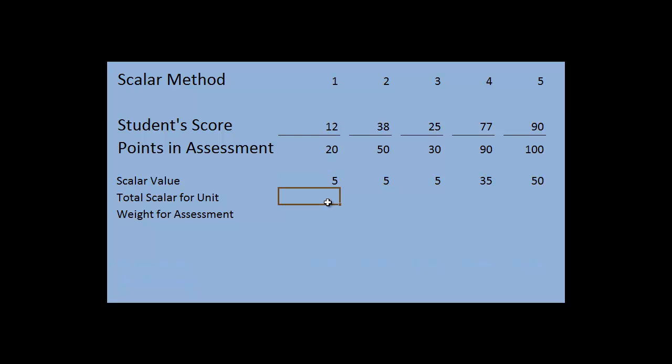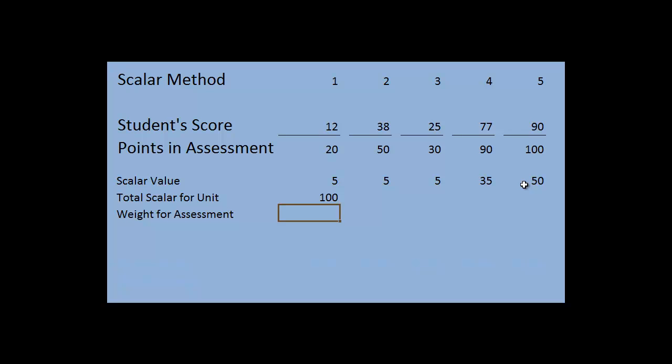So the first step in the process of determining any particular assignment's weight is to find out, well, how many scale points do we have assigned in this particular folder. So our first step is to add up these 5 scale points and see what that equals.